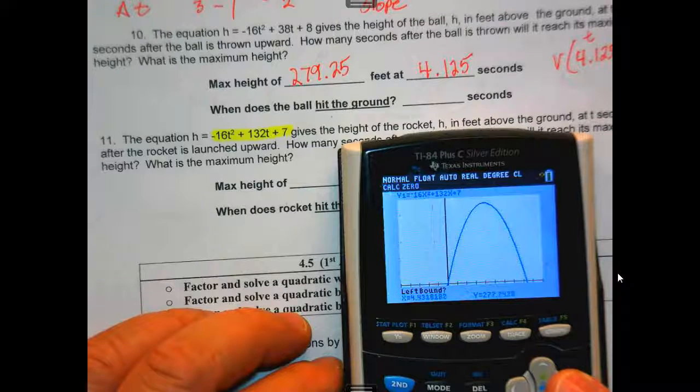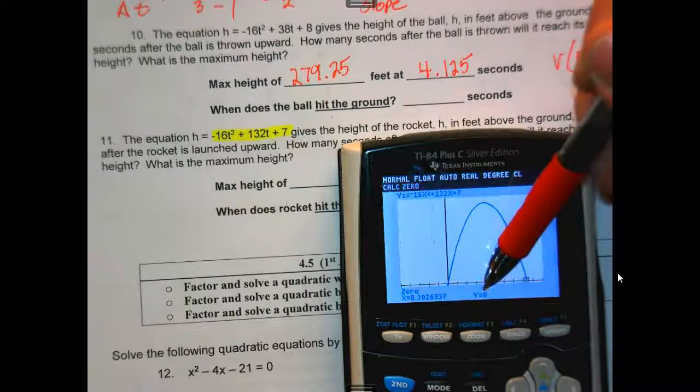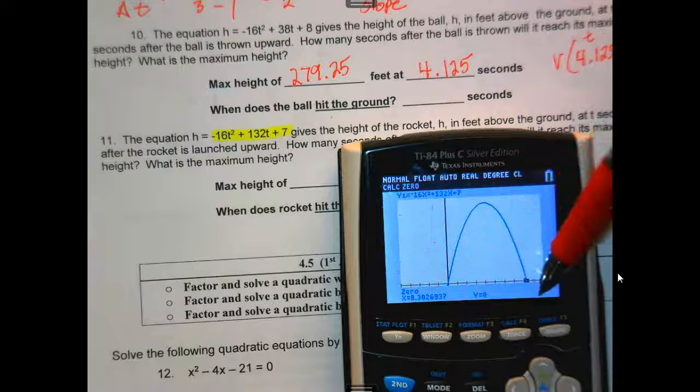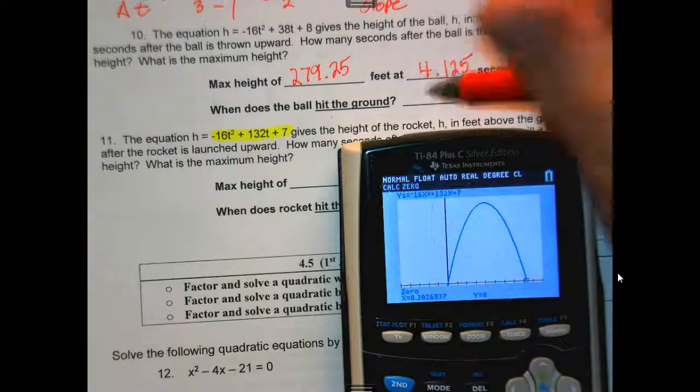Now we got to go left bound, right bound. Left bound, right bound, enter. It hits the ground at 8.3 seconds.